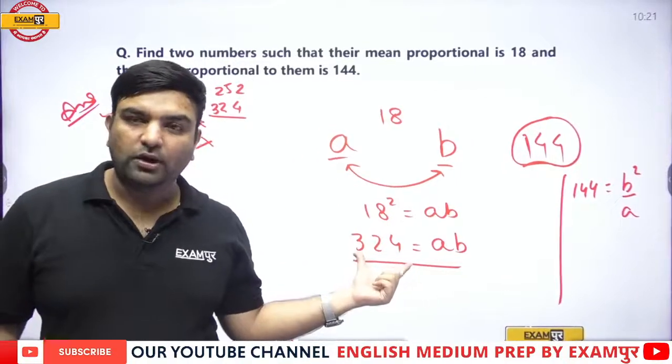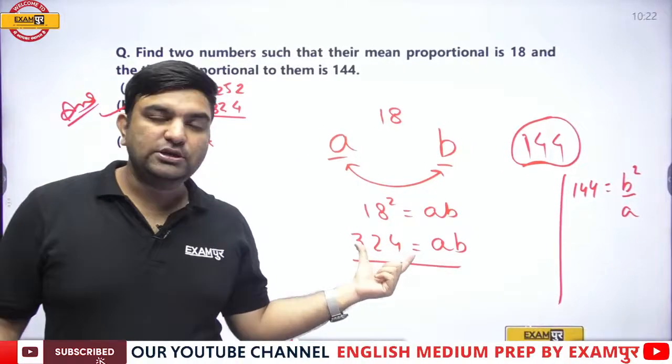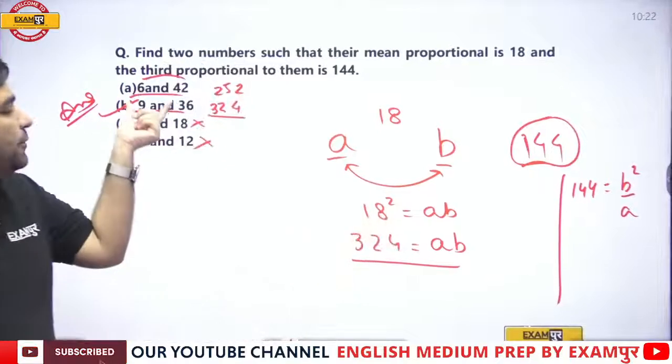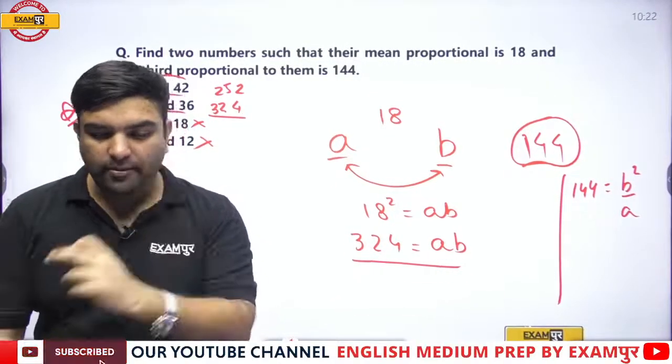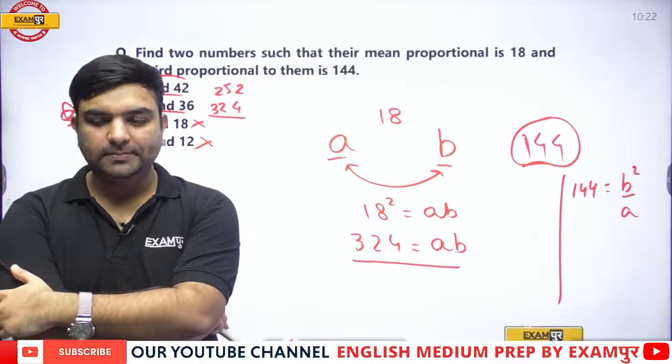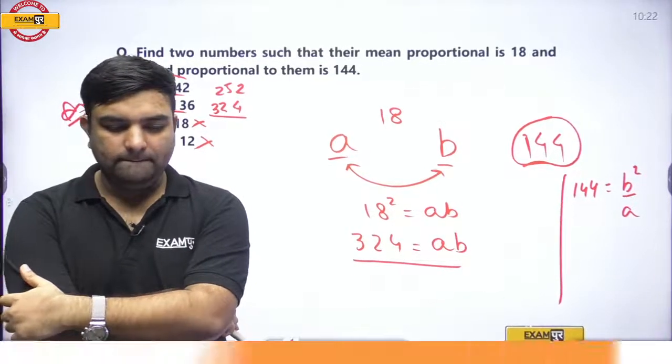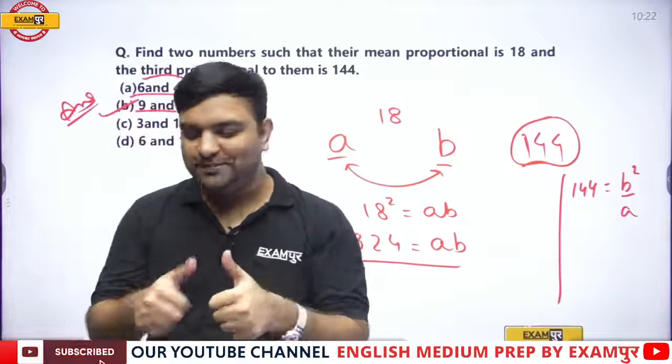However, it is not required here because A into B is 324 only in one option. Got it? Come on, let me know with your thumbs up.